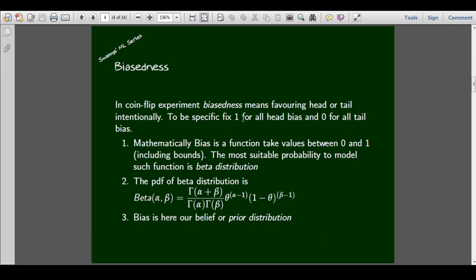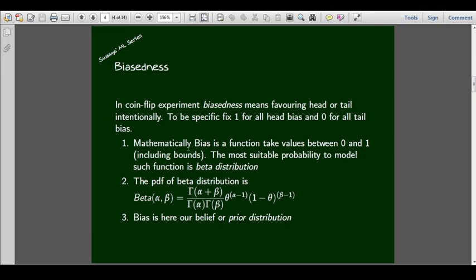There is no hope for head, like that. So it is mathematically a function between 0 and 1. The lower bound is 0, upper bound is 1. That means biasness is considered as a function which takes all the values between 0 and 1, including the boundaries.